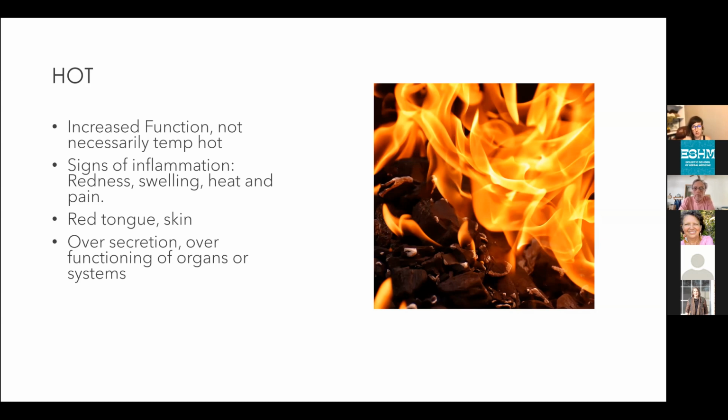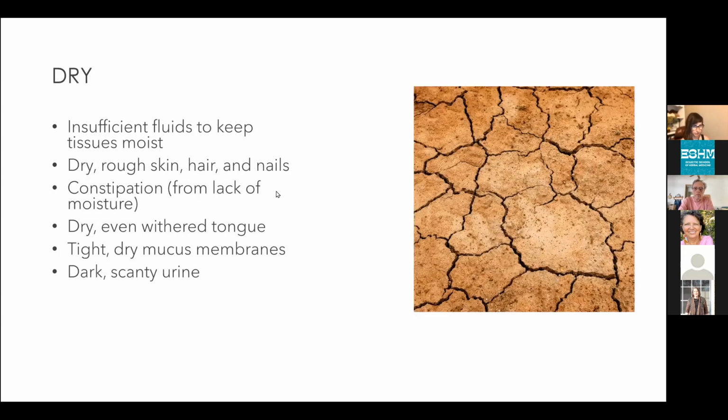Also, diarrhea, especially that acute, more explosive or forceful, very liquidy diarrhea, is often a matter of heat. So heat on its own is an increase in function, but what happens a lot, like a fire when you put a pot of water on it, is that if your body is in a state of heat or over functioning longer, it's going to burn off fluids in the body, and that can cause dryness.